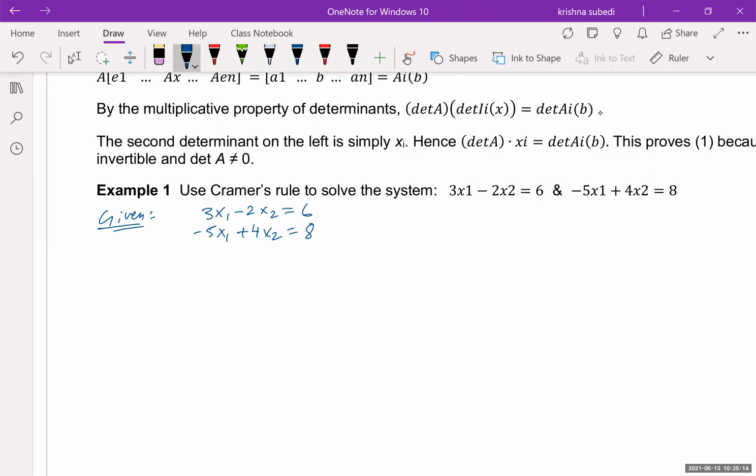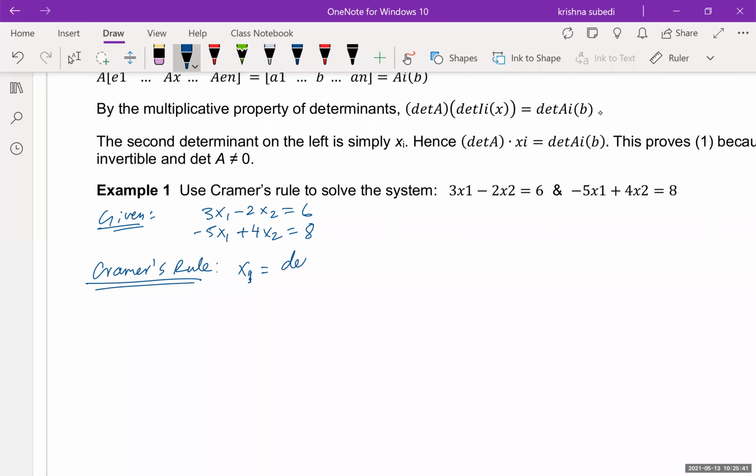So according to the formula, Cramer's rule is x1 equals determinant of A_1(b) over determinant of A. Sorry, I forgot to write the determinant, okay?